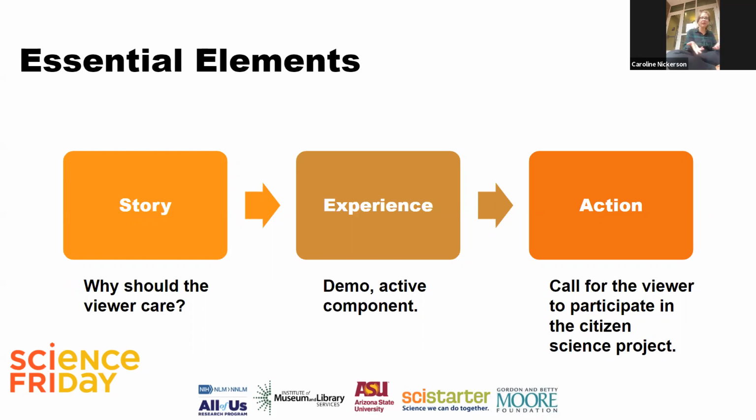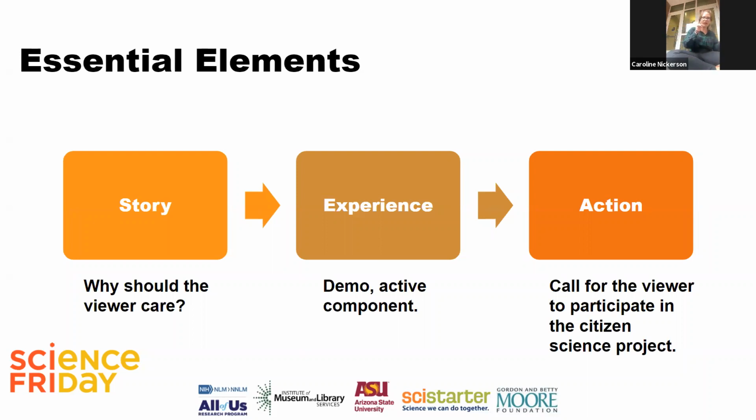You also want an experience. So you want a demo, an active component. You want them to be able to observe something tangible, because that's the thing about citizen science that makes it different from just science education. You're asking people to do something. So beyond just the story, the why, you need them to be able to see something real. And then from that experience, that demo, that active component, you want to move them into action.